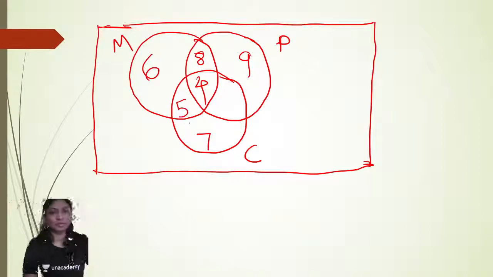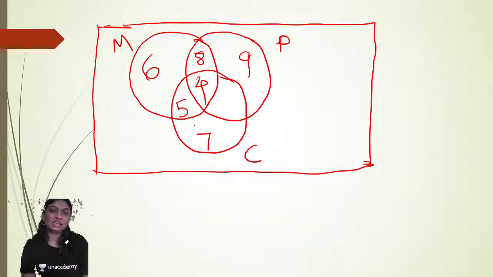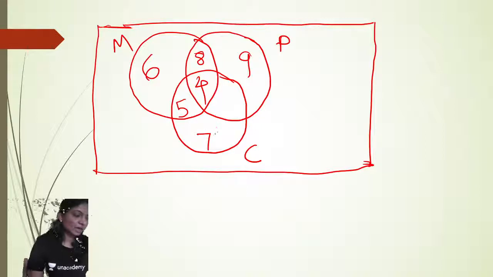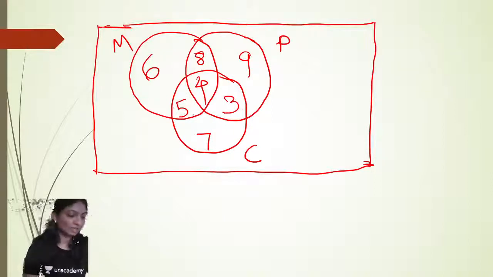So here are 5. Physics and chemistry are given 7. Out of that 4 are already counted. So here are 3. So how many students study exactly two subjects?